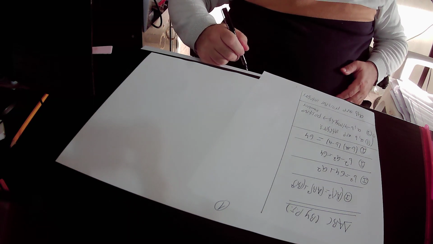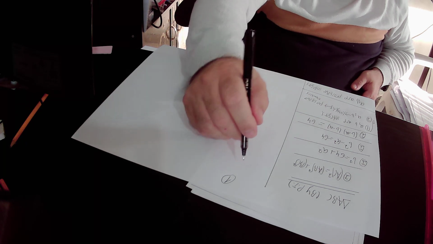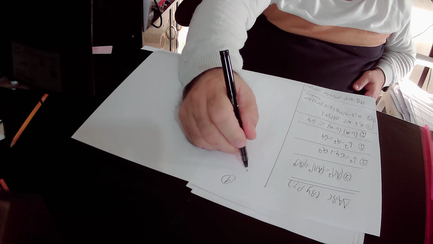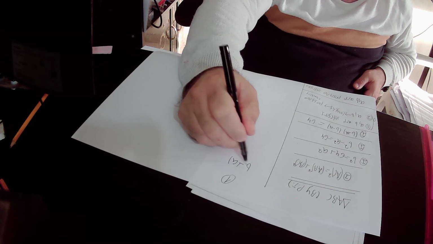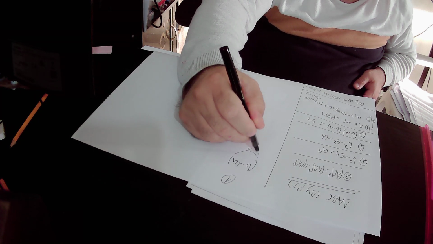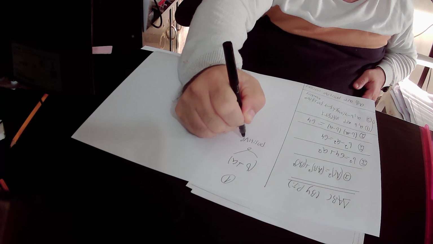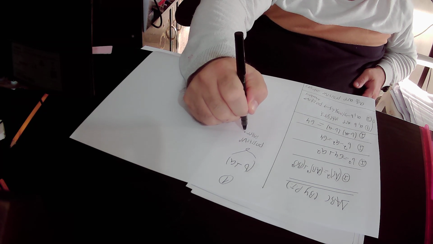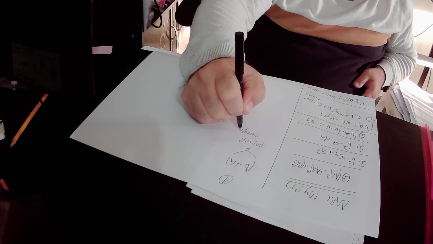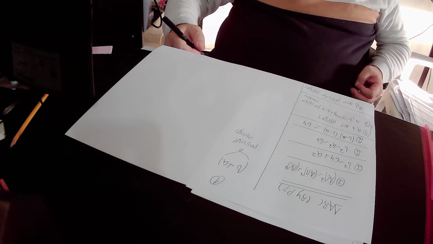So if A is a positive integer and B is a positive integer, it means that B plus A will also be a positive integer, because when you add two positive integers to each other, the result must be a positive integer.